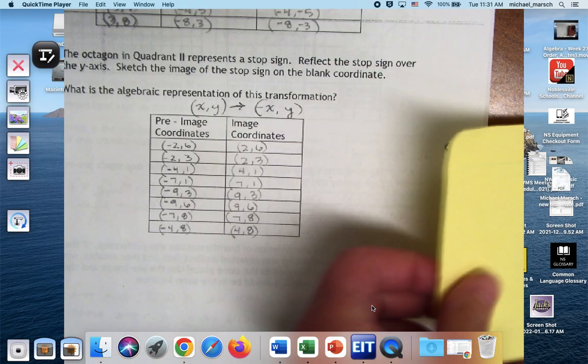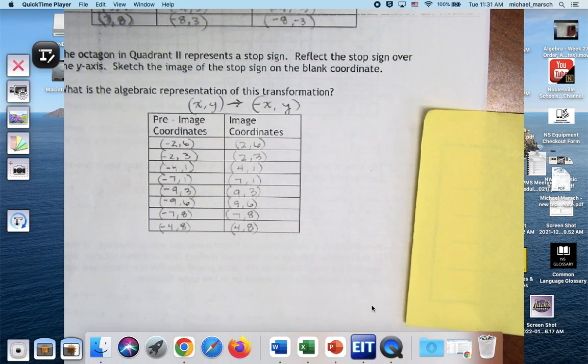Okay, so your image coordinates would look like this. Again, yours might not be in the same order as mine, but these are the coordinates you should have. You should go around the figure so you can plot them and connect them as you go.